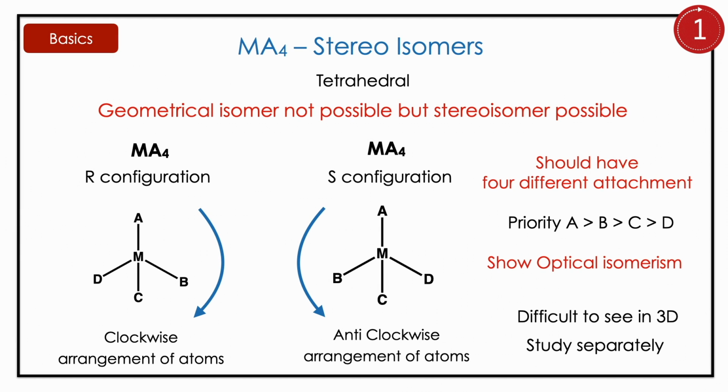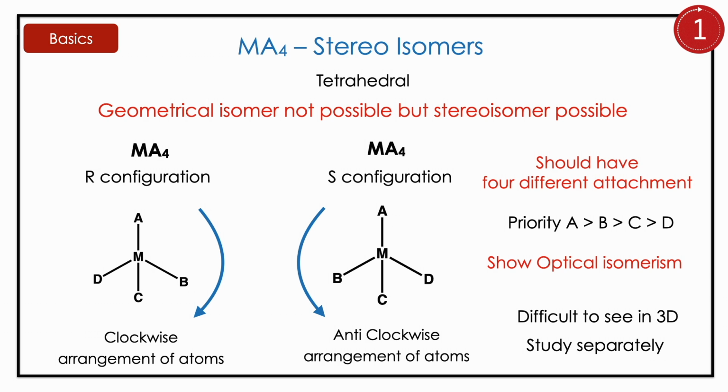Then MABCD stereoisomer, because tetrahedral doesn't have any geometrical isomer but stereoisomers are possible. For that you have four different atoms connected with tetrahedral. If it is arranged clockwise, it is called R configuration. If it is arranged anti-clockwise, it is called S configuration.